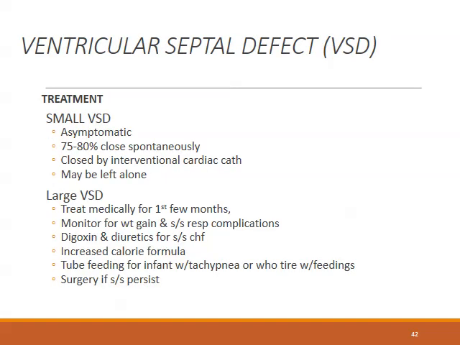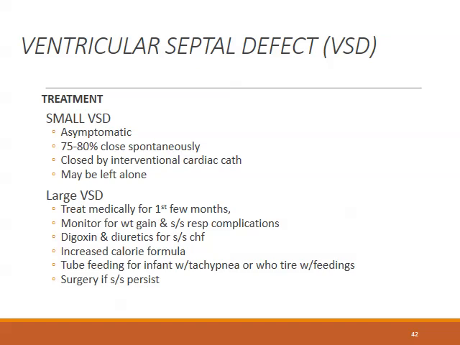Treatment, if it's small and they're asymptomatic, 75 to 80% will close spontaneously. Usually they're closed by an interventional cardiac cath, or they may be left alone and close on their own. Now, large, you're going to treat medically for the first few months. They're going to monitor for weight gain and for any signs and symptoms of respiratory complications.